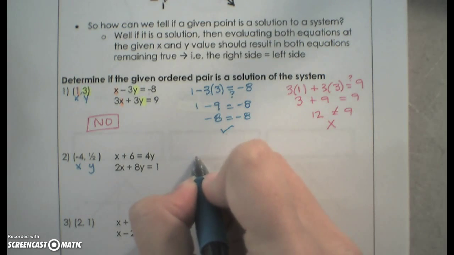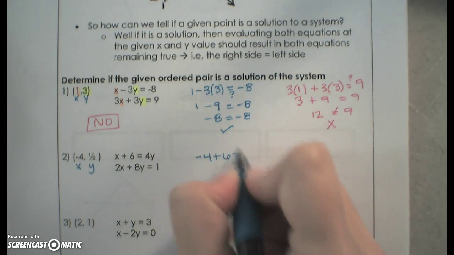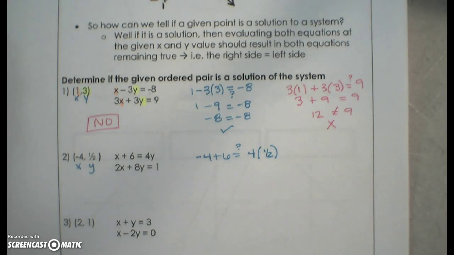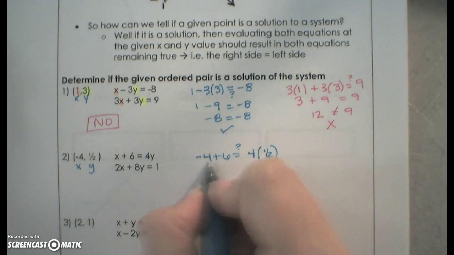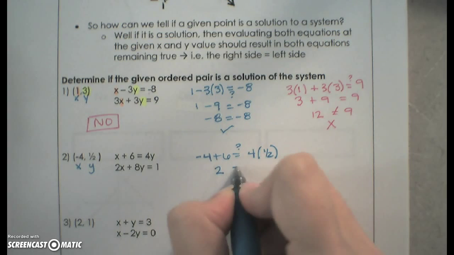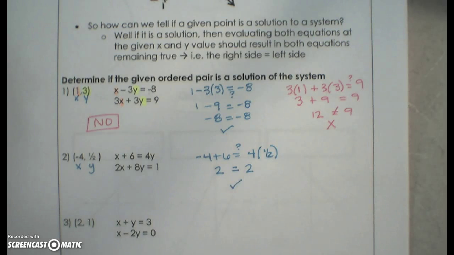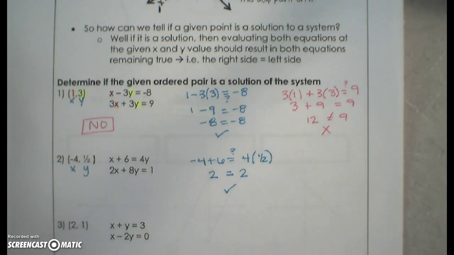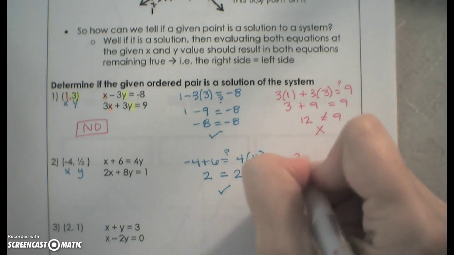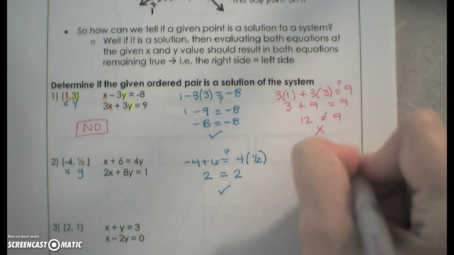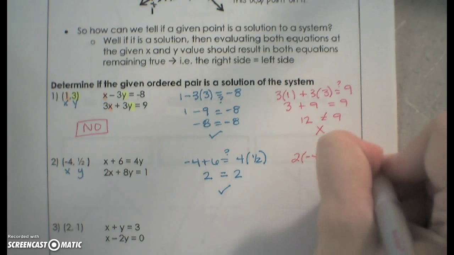For the first one, negative 4 plus 6, does that equal 4 times 1/2? So this is my question mark of whether or not it's actually equal. So this is 2, and does that equal what's half of 4? 2. Yes, that works. All right, so let's try it again for the second one. 2 times x plus 8 times y, does that equal 1?